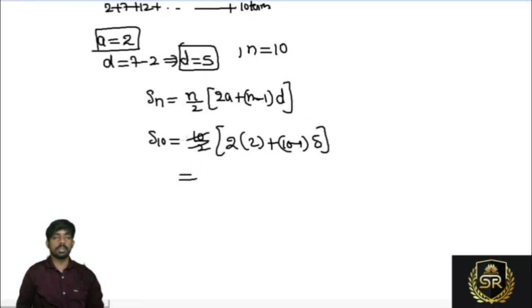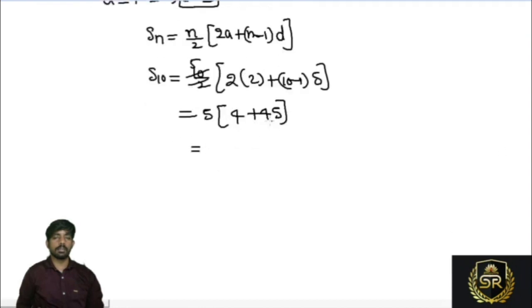So 2 5s are 10, 5 into 2 twos are 4, this is 9 5s are 45, so this is 5 into 49. 45 plus 4 is 49. Now 5 9s are 45 and 5 4s are 20, plus 4 makes 24, so 245.